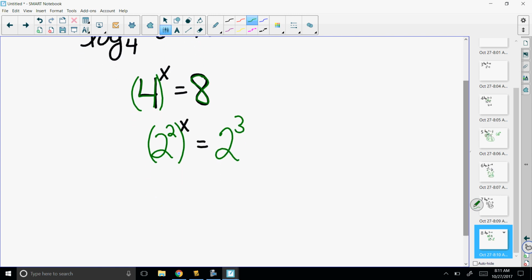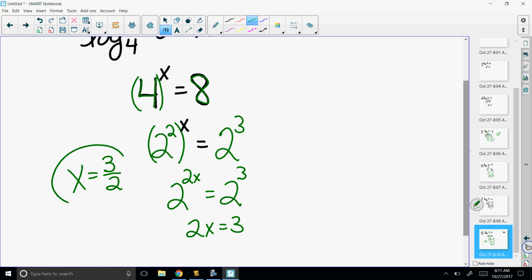If I look at the left-hand side, 2 squared raised to the x power is 2 to the 2x power. That's equal to 2 to the third. So since the bases are equal and the values are equivalent to each other, then the exponents must be equal. So 2x has to equal 3. So what is x? 3 over 2. 3/2 power.